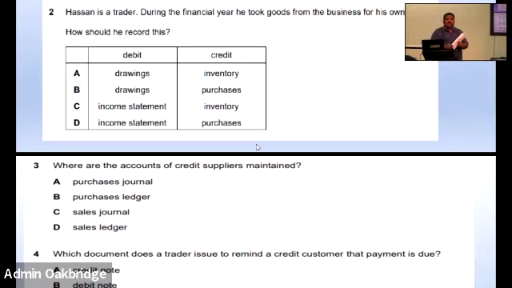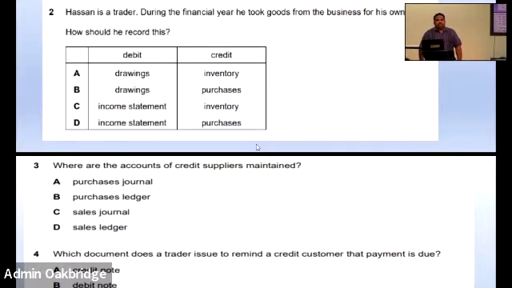No, 3. Purchase, sales, general. Only 3: purchase ledger, sales ledger, and general ledger. If you don't understand ledgers, think of ledgers as a bag that keeps all the accounts.